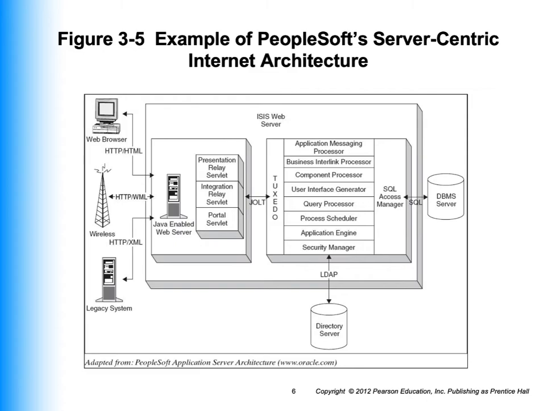Next, take a look at an example, here we have the PeopleSoft architecture, where you have the different database management server and directory server, which is linked to the SQL and all the different types of department, application, business component, UI, query, process, scheduler application, and security.